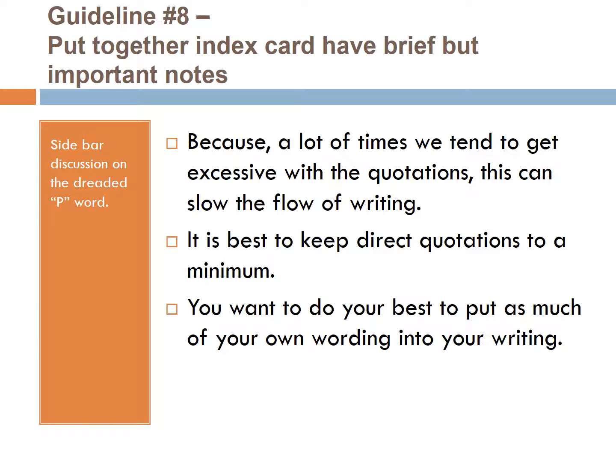So that's why the second step says here to do your best to keep direct quotations at a minimum. Maybe 2 or 3, but once you start getting into 10, it'll be a bit much.